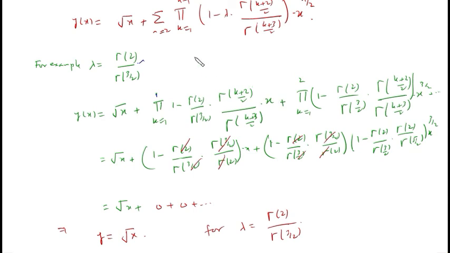Plus one more term when n is 3, the infinite product from k is 1 to 2, 1 minus the value of lambda which I have assumed here, and everything else remains as it is.